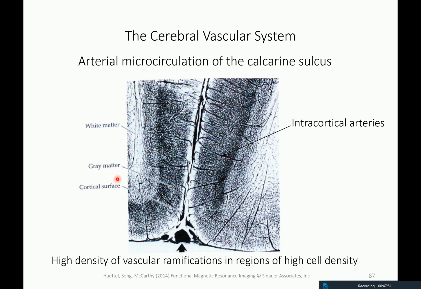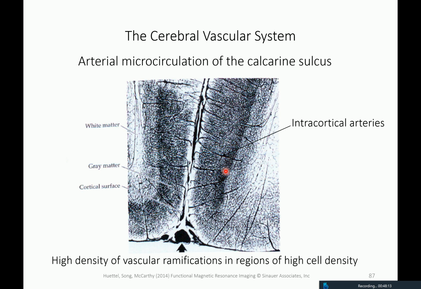This shows the calcarine sulcus, the visual cortex, and you see how from the surface of the brain there are some arteries going in. These are the intracortical arteries, and then you still see a lot of capillaries.